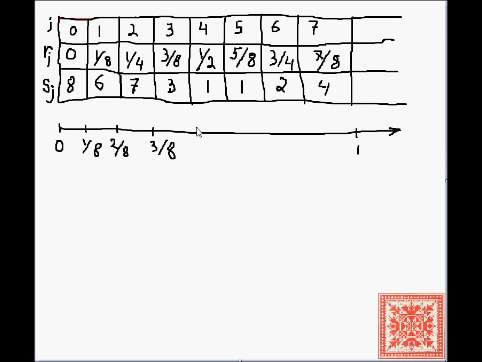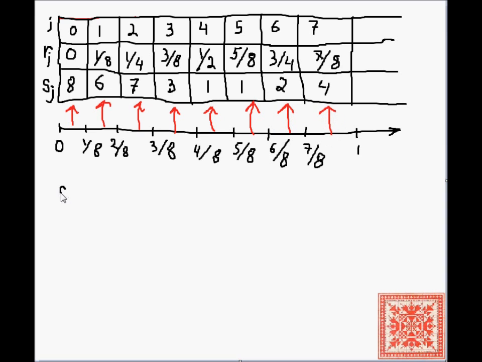And then 4 over 8 is half, and then 5 over 8 and 6 over 8 and 7 over 8, and then from 7 over 8 we go to 1. So this is a power of 2, 2 to the third. This is our first interval, second interval, third interval, fourth interval, fifth interval, sixth interval, seventh interval, eighth interval.